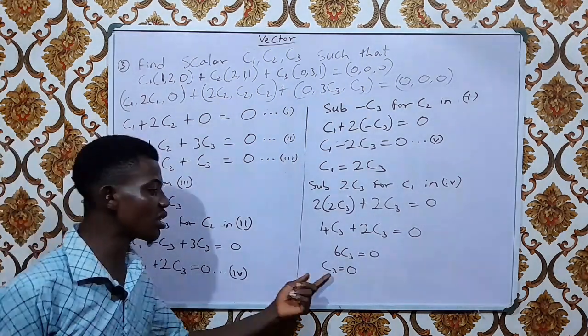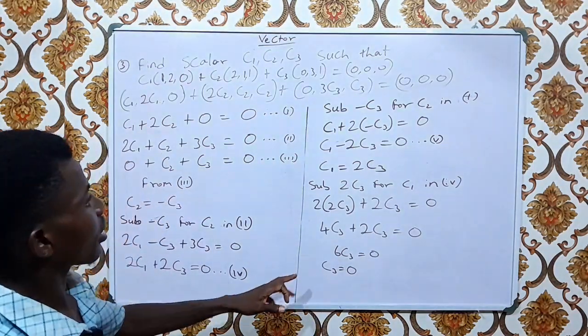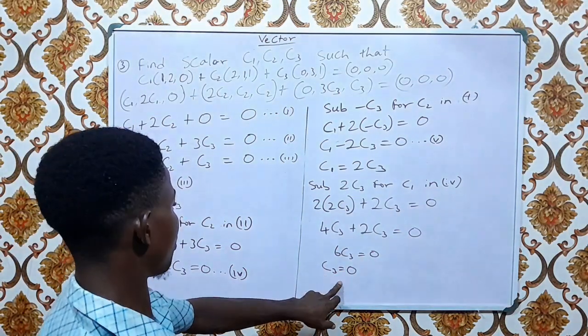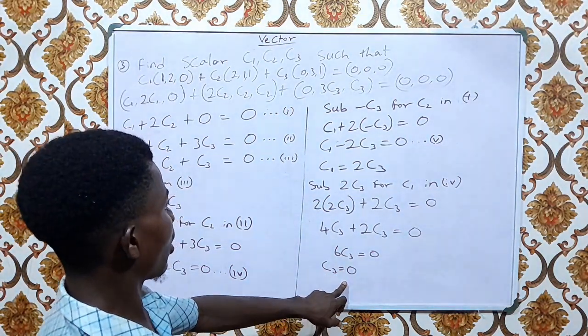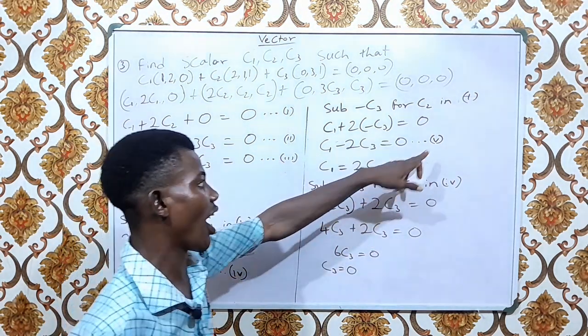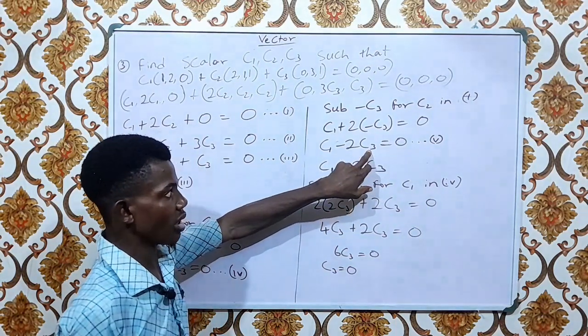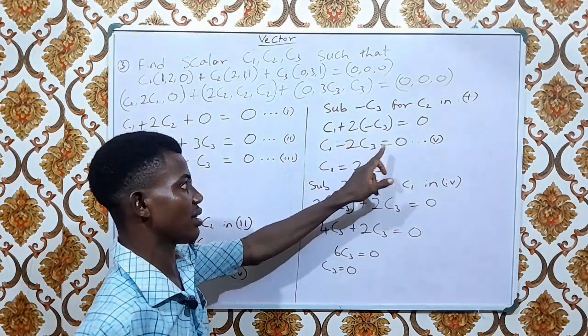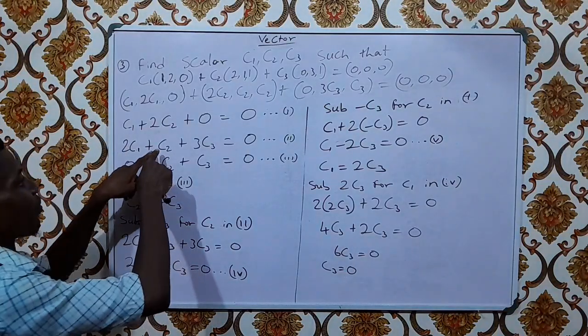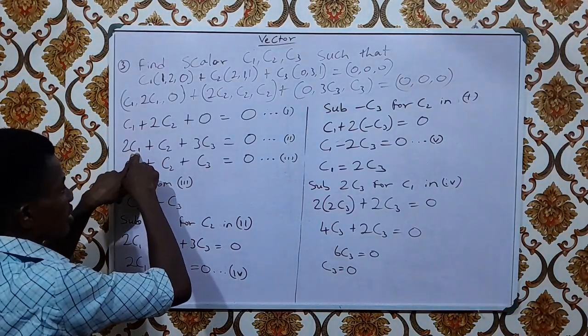Now, since C3 is equal to 0, if we take this C3 back to our equation 5 and put 0 here, 2 times 0 is 0. You can see that C1 is equal to 0. If we take both of them back here, 2 times 0 is 0.